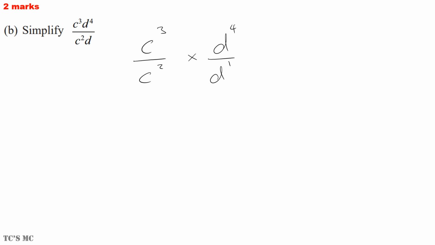So 3 subtract 2 is 1, multiplied by 4 subtract 1 is 3, so d cubed. This is not simplified. We need to write this as c and then d cubed. For having c in our answer, we have 1 mark, and then for having d cubed, we have our second mark.